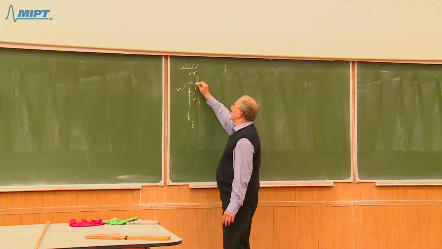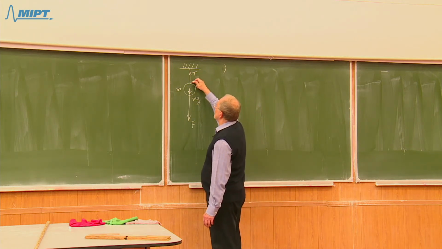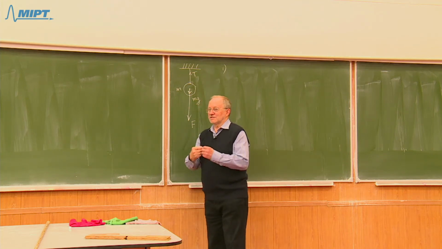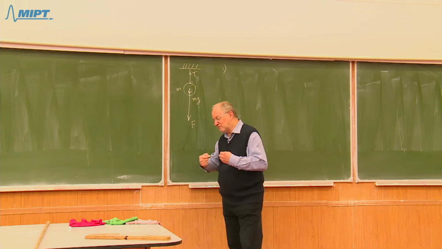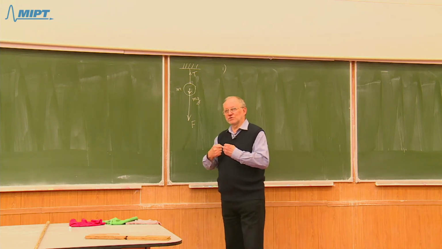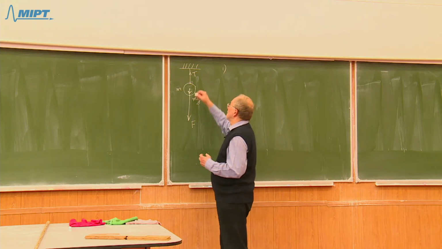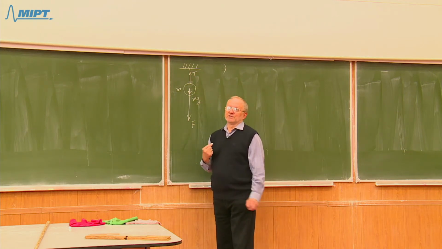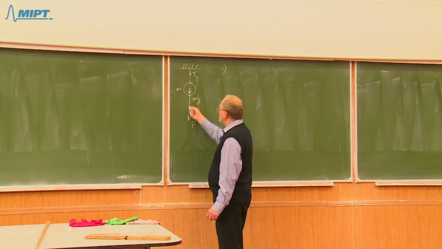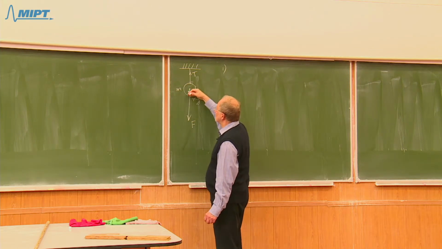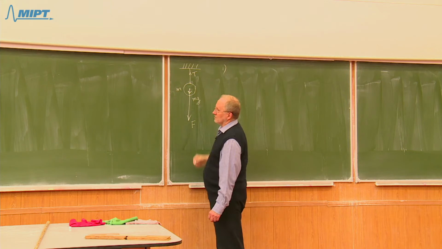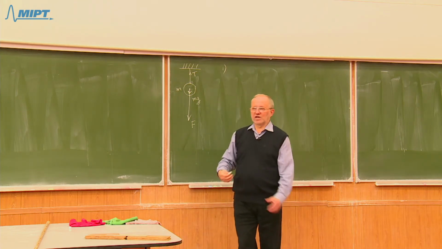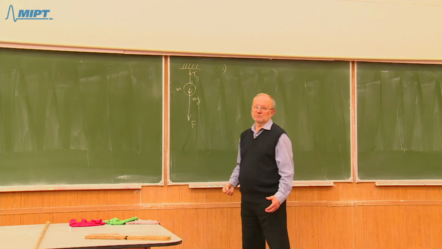But actually, any string is stretchable. It can be elongated if we try to pull, if we exert force to elongate the string. It will be elongated a little bit. So if I pull down the string, the ball will shift a little bit downward, because this string is stretchable. It can be elongated like a spring.